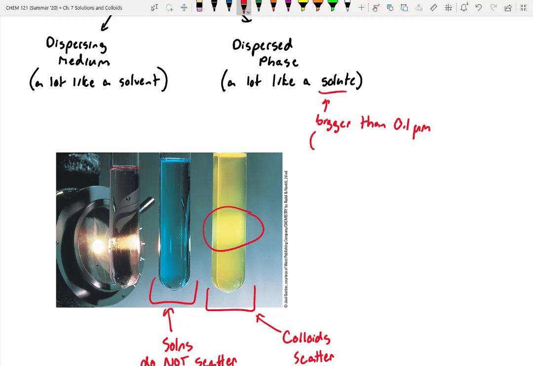So let's just make a note here, but not so big that they settle, at least not under normal gravity. You can centrifuge them, which you might talk about in some of your biology courses, but under standard gravitational conditions, these particles remain suspended, and the colloid looks like a homogeneous mixture.